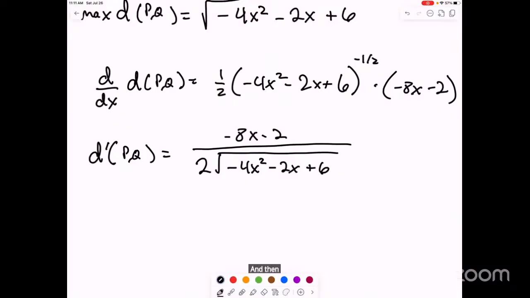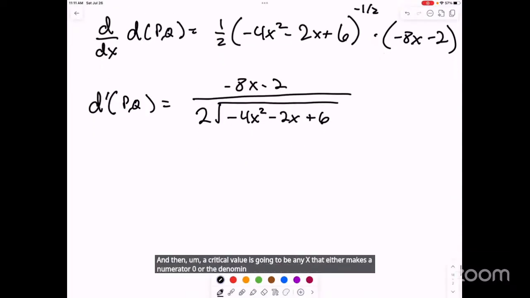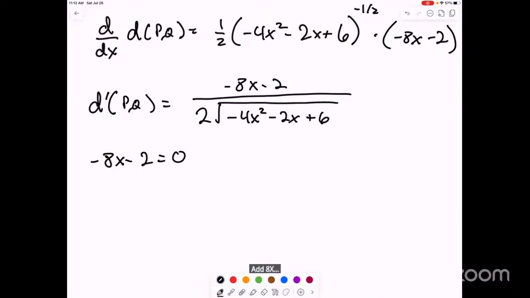And then our critical value is going to be any x that either makes the numerator 0 or the denominator 0. So from the numerator, if we have a negative 8x minus 2, we set it equal to 0 and solve. Add 8x and divide. x equals negative 1/4.